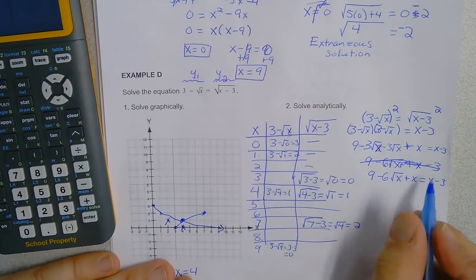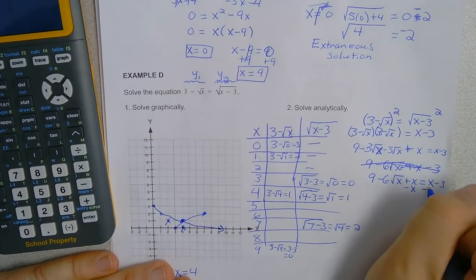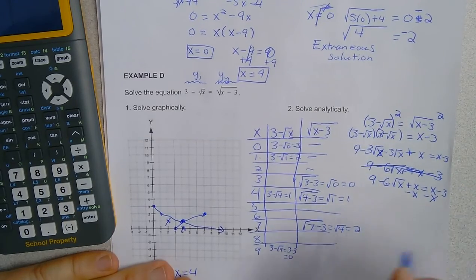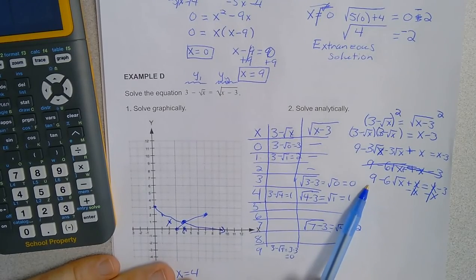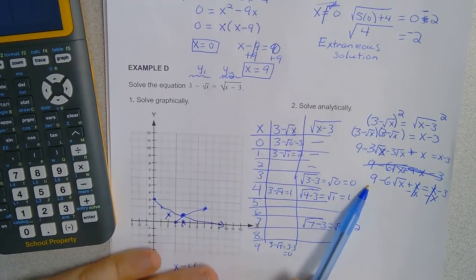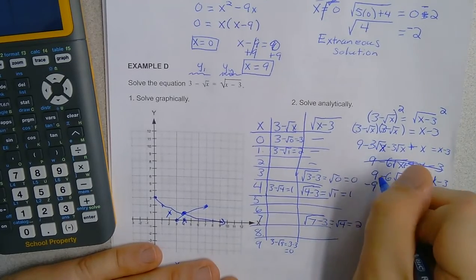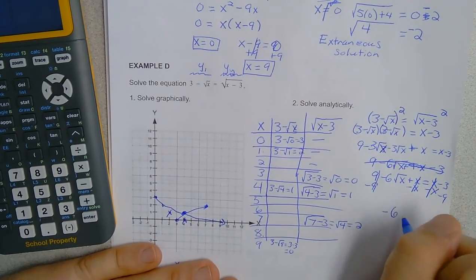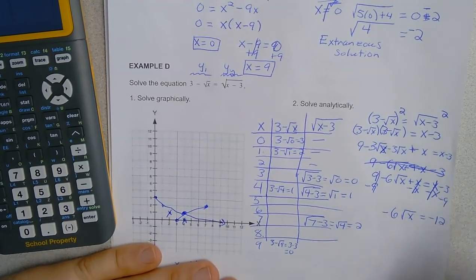So now what I'm going to do is subtract x on both sides. And that will go away. And then I'm going to get rid of the 9 by subtracting 9. So we have negative 6 times the square root of x equals negative 12.